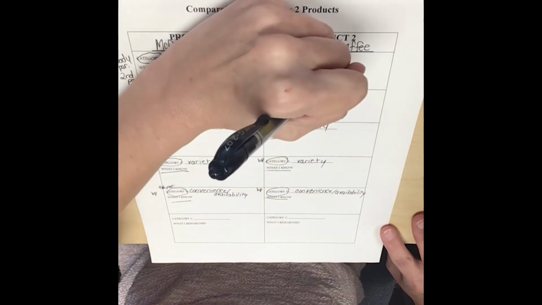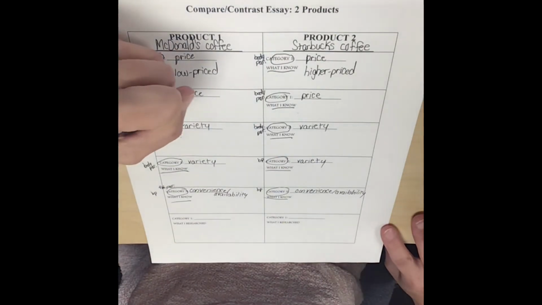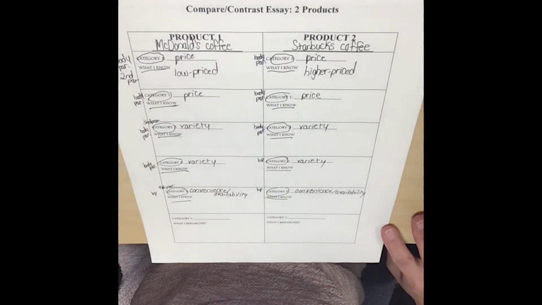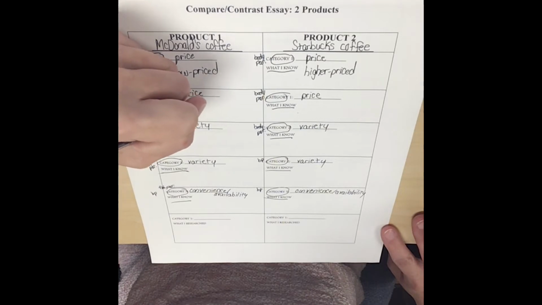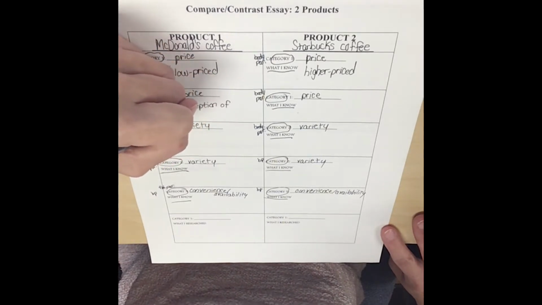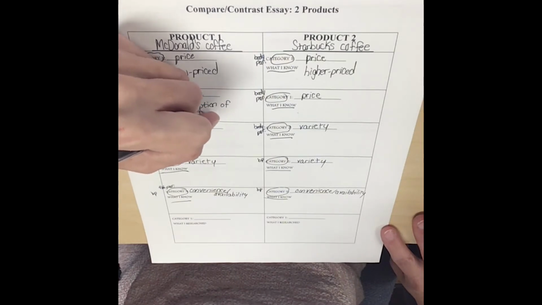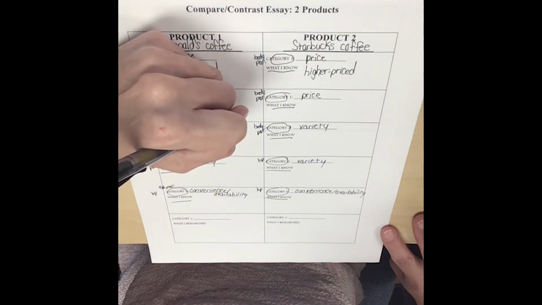So what you write in here can be short. Price, this gives the perception of fast food, cheaper coffee.